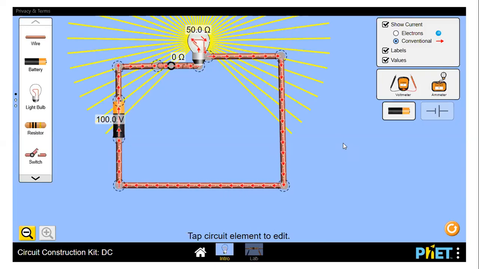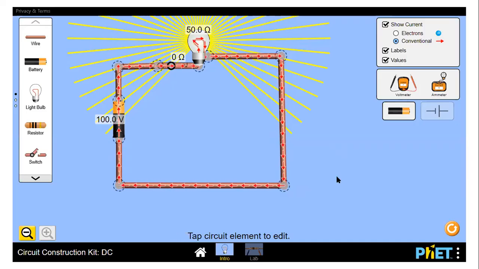How much power is this circuit consuming? Can you find that out? Let us try to find out how much power it consumes. Can anyone answer this?